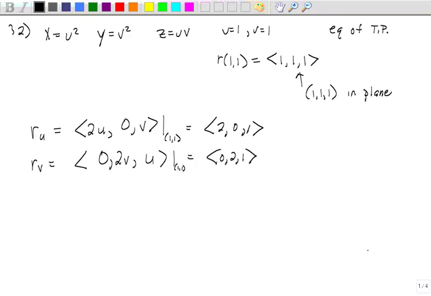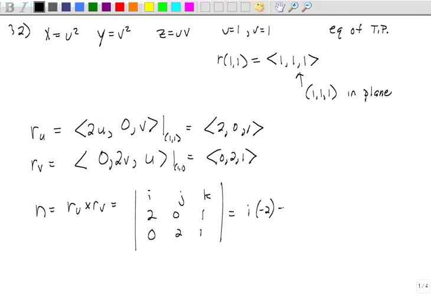Now we find the normal vector by taking the determinant.